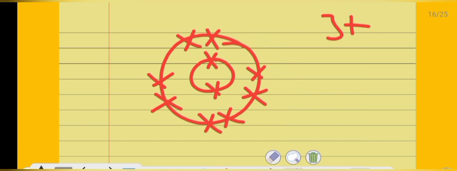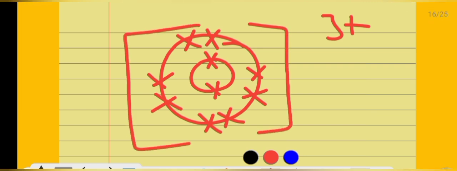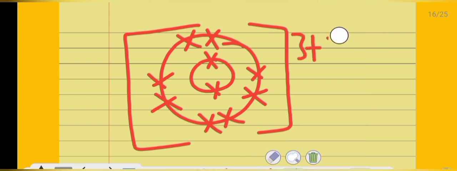When these electrons disappear, what we are going to have is simply this, with this included. So this is now a cation, and it's a trivalent cation, very different from the neutral atom of aluminium.